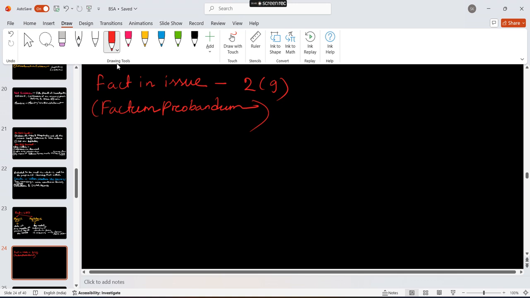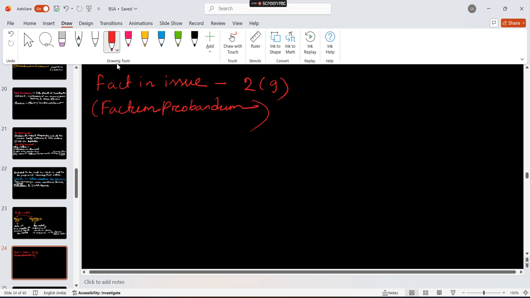Here the definition says that a fact in issue is any fact from which, either by itself or in connection with any other fact, the existence, non-existence, nature or extent of any right, liability or disability asserted or denied in any suit or proceeding follows.